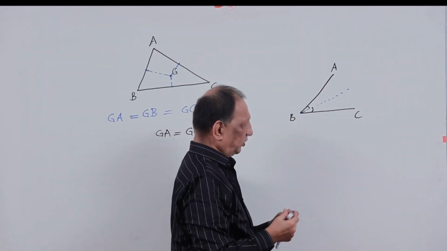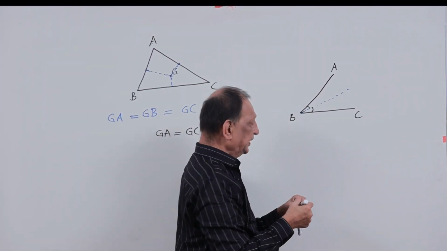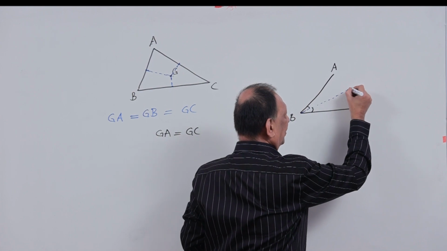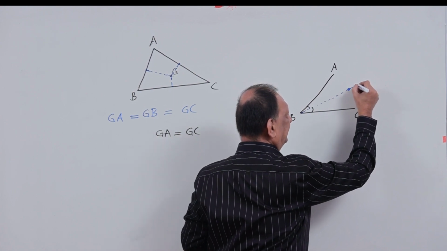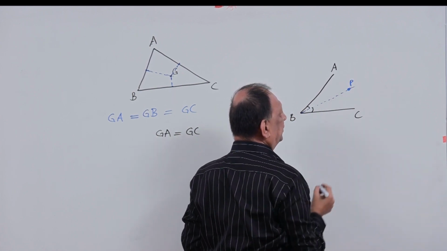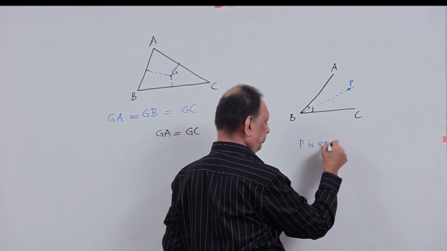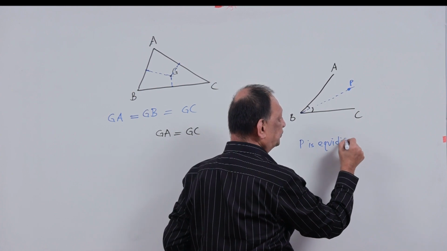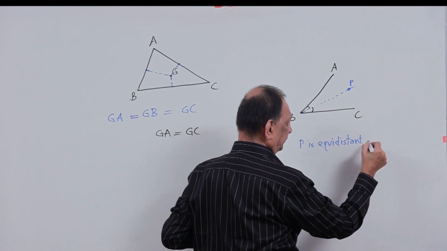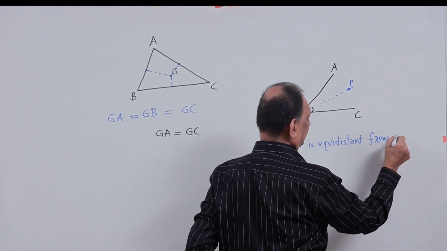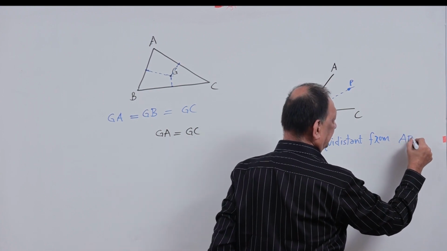Correct? Now, the property of this bisector is, take any point on the bisector, call it P. Now, P is equidistant from the two sides, AB and BC.